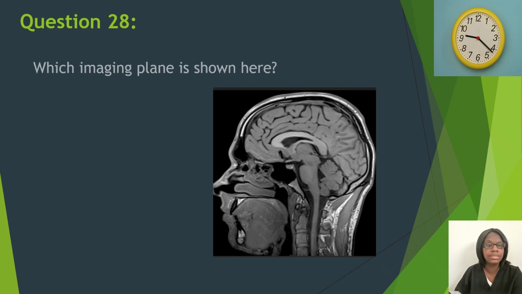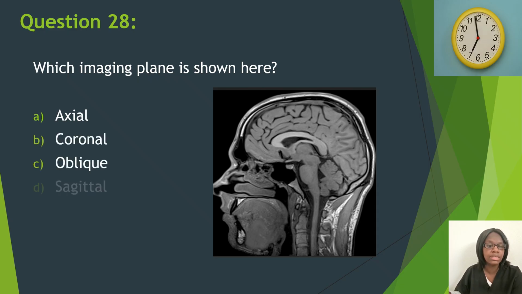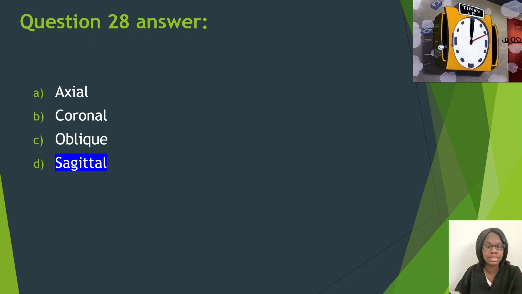Question 28. Which imaging plane is shown here? A, axial, B, coronal, C, oblique, D, sagittal. All right, the correct answer is D, sagittal.